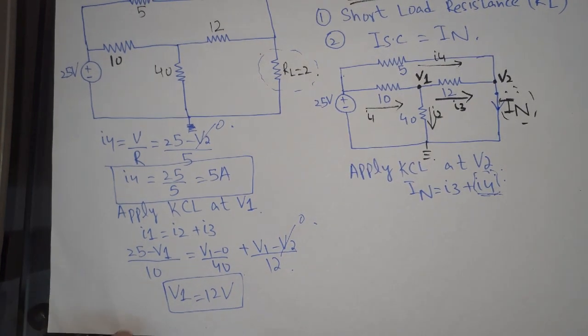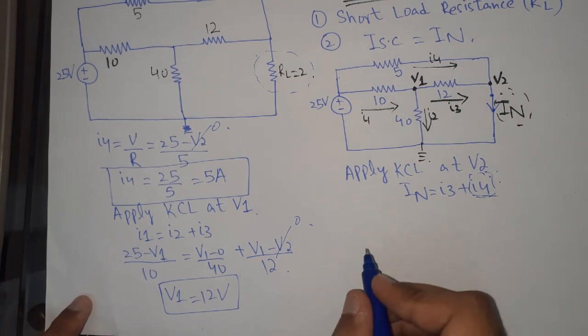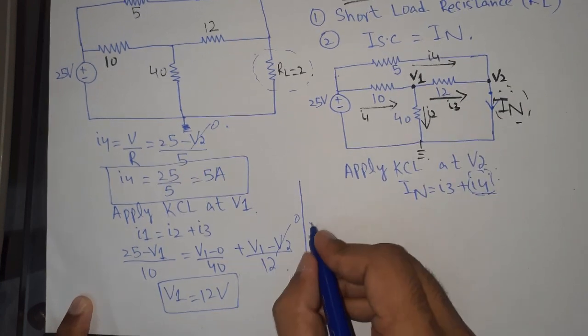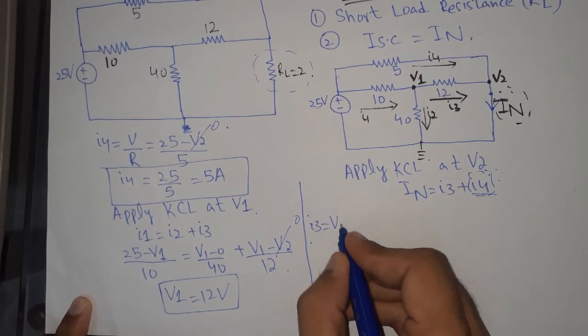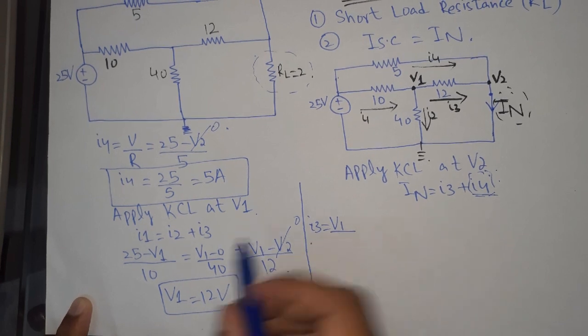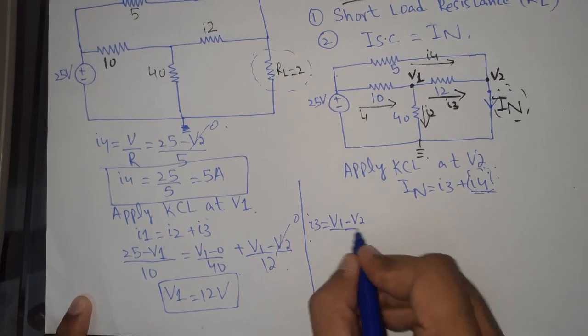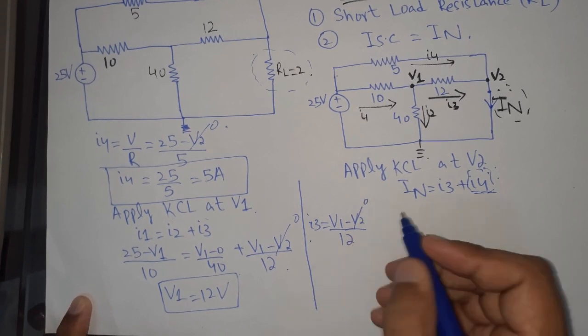Now students, with the help of V1, I will find the value of I3. I3 is V1 minus V2 divided by 12, and V2 is 0.